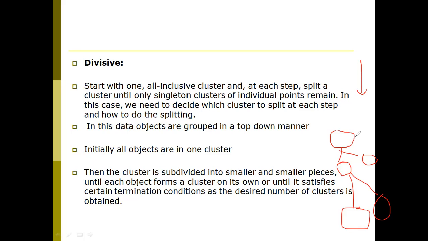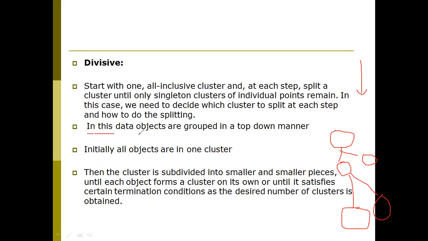Okay, one individual data point is one cluster. Those become leaf nodes in this hierarchy unless we divide the data points of the cluster. This method is called a divisive technique.